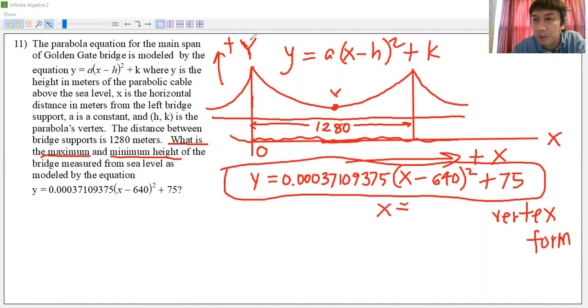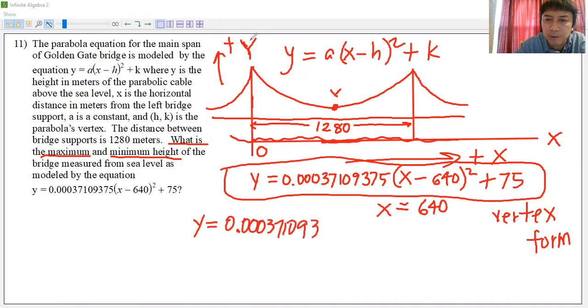So if you replace the x with half of 1,280, that's 640 there. And so you will have something like y is equal to 0.00037109375. You replace x with 640, that will be 640 minus 640 squared plus 75.